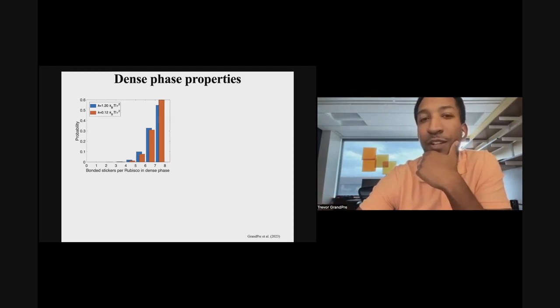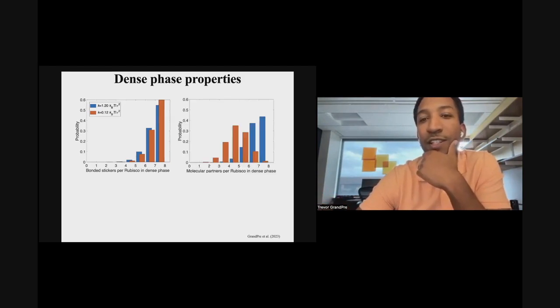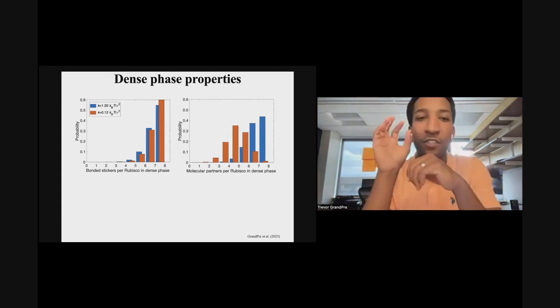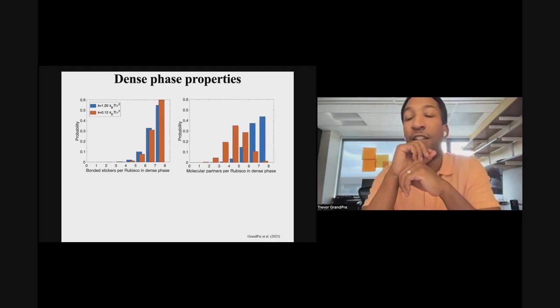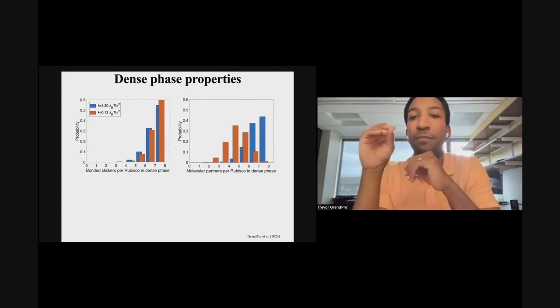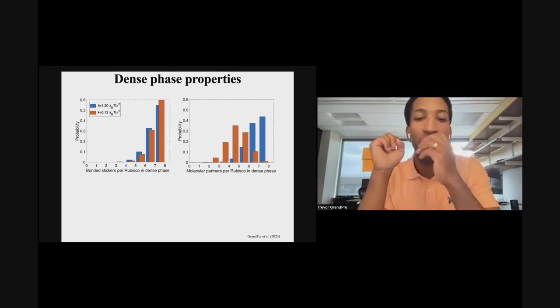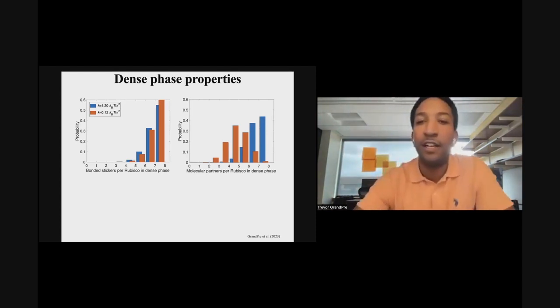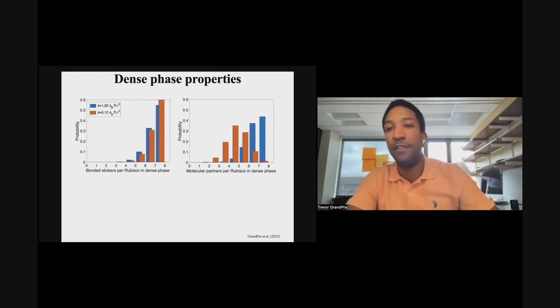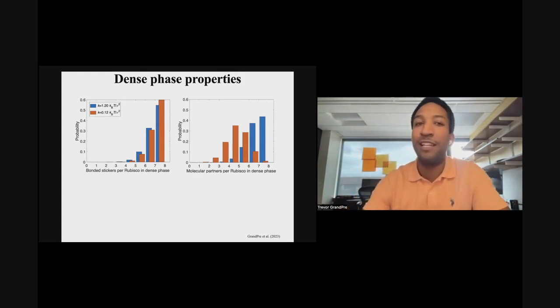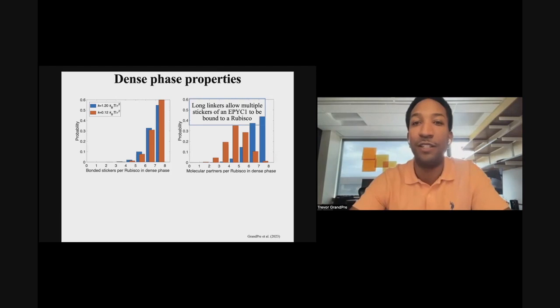But there is a difference if I look at a particular Rubisco in the dense phase and ask how many different EPYC1 molecules are bound to it. Now we see a difference: the long linkers are associating with about 4 or 5 different EPYC1s, but the short linkers are associating with almost 7 or 8 different EPYC1s.